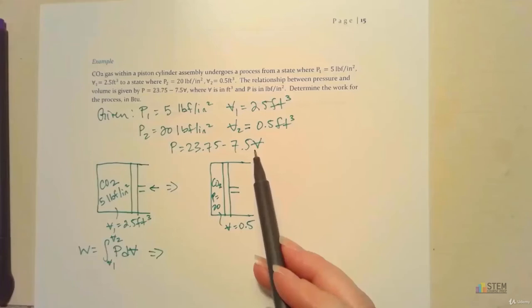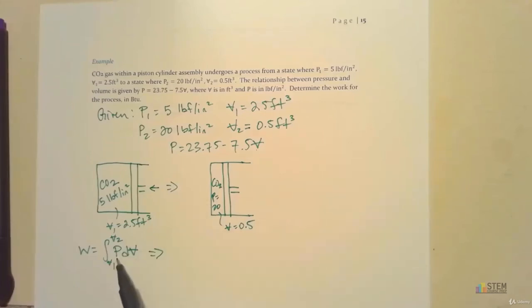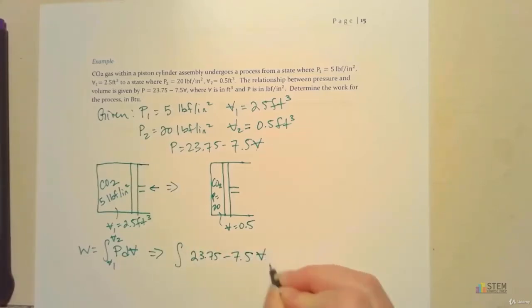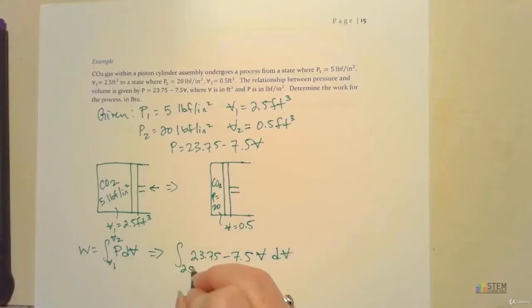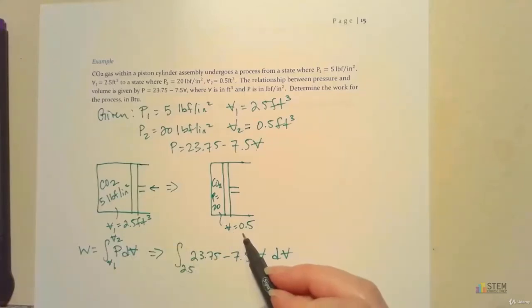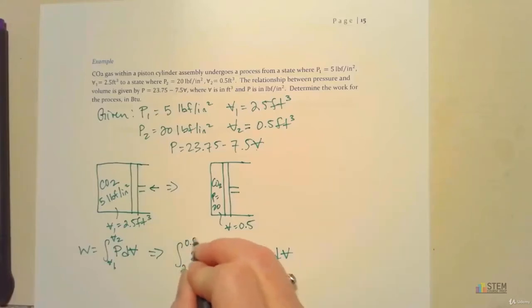So essentially we need to take this expression, plug it in for P. Okay, so we're going to do the integral of 23.75 minus 7.5 times the volume, dV, and then think about your limits. We need the initial volume, so what was that? That was 2.5. So we got 2.5 there, and then our final volume, V2, is the reduced 0.5.